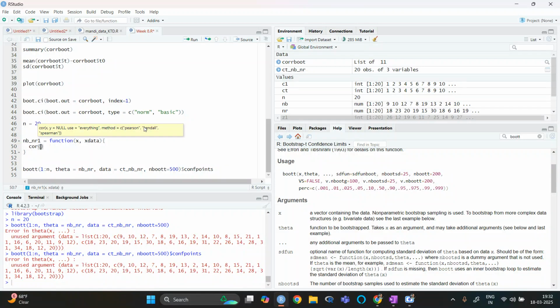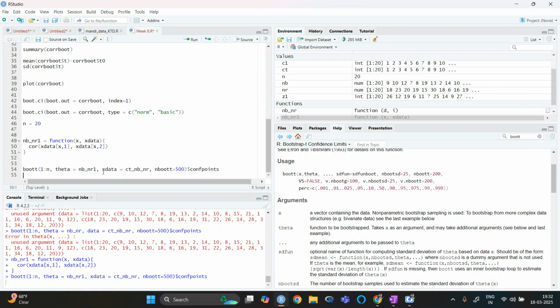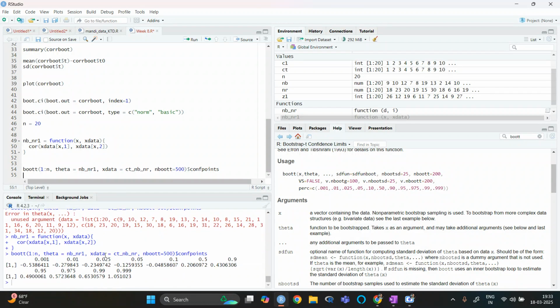Here I'm just writing directly that you find x data x1 comma x data x2. So I have defined this correlation again.